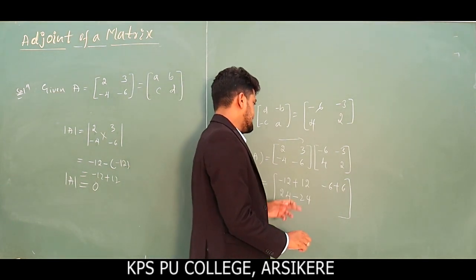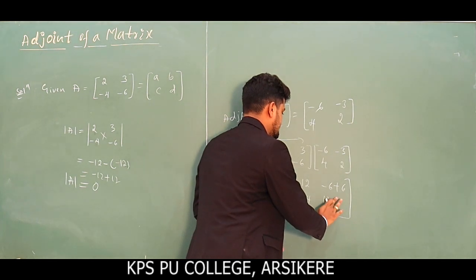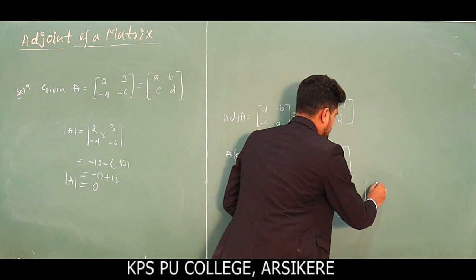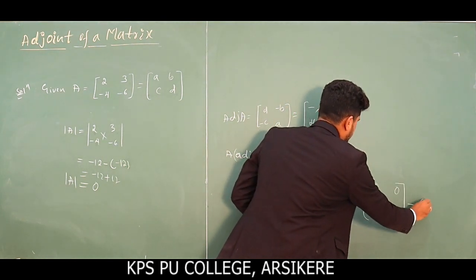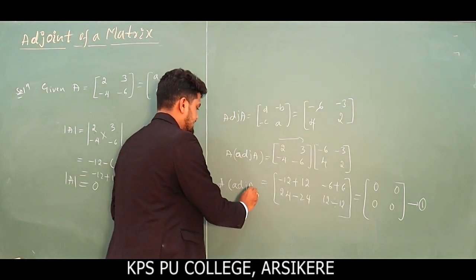So next, minus into minus plus, 4 3s are 12, plus minus 6 2s are 12, which is equal to 0 0 0 0. Call it equation number 1. This is the value of A into adjoint A.